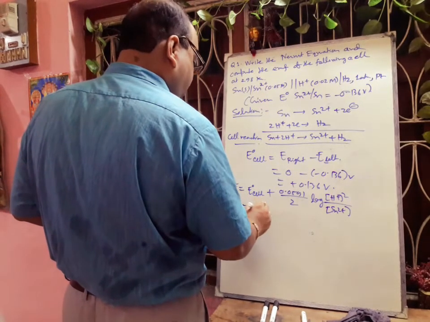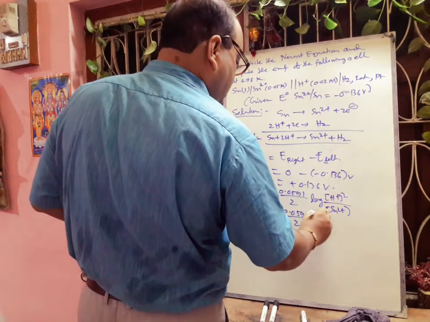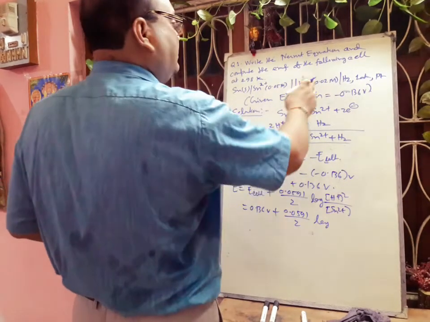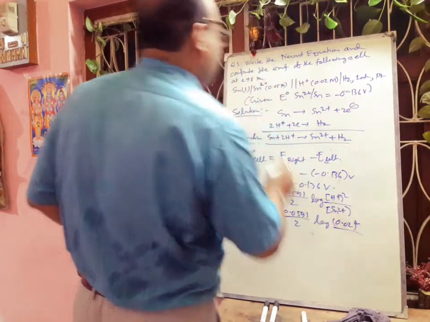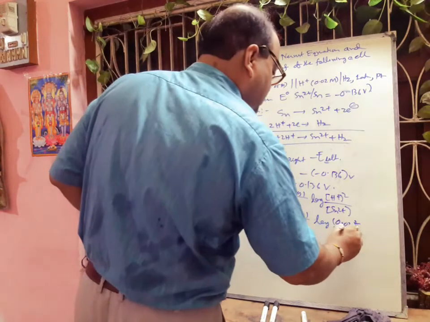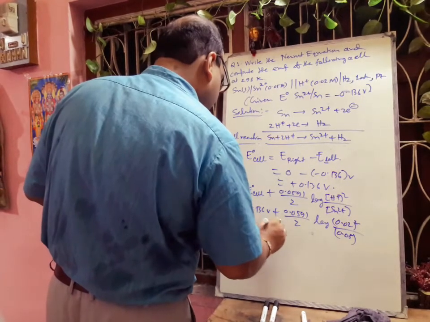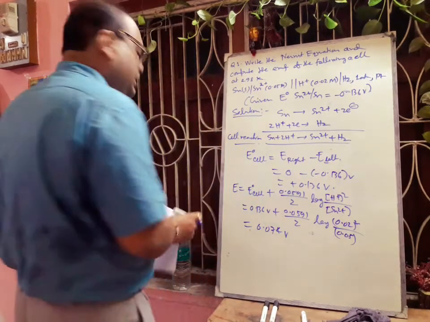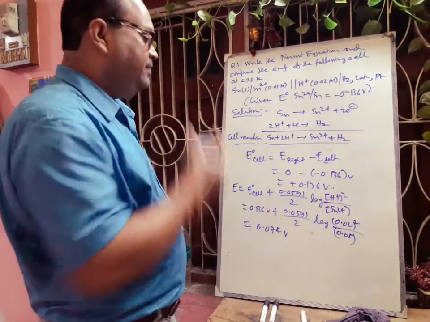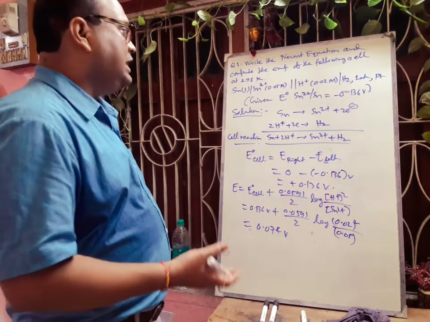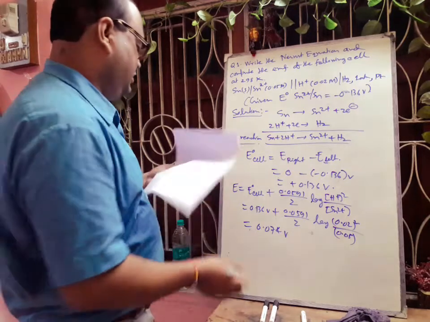So 0.136 volt plus 0.0591 divided by 2 times log of 0.02 whole squared divided by 0.05. If you calculate this, you will get the value 0.074. With the help of a calculator you can easily solve it, because your board also permits the calculator. In this way you can easily calculate the EMF of the following cell. That is also one of the applications of the Nernst equation.